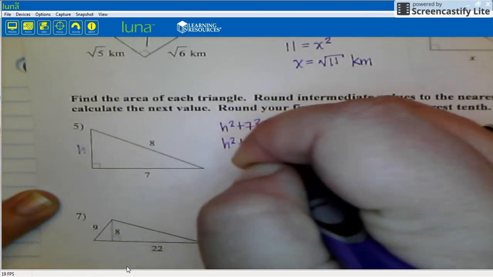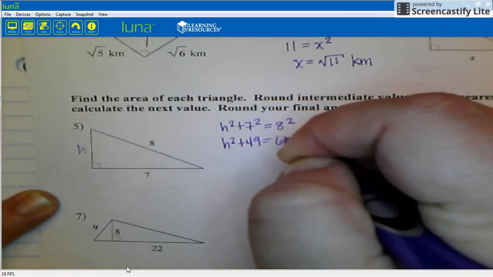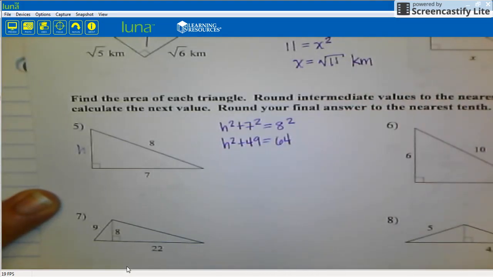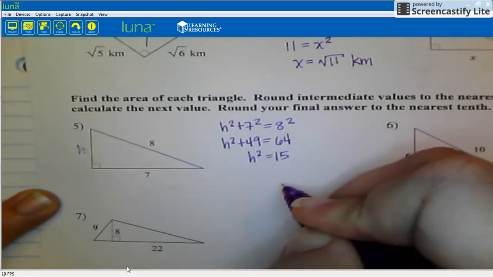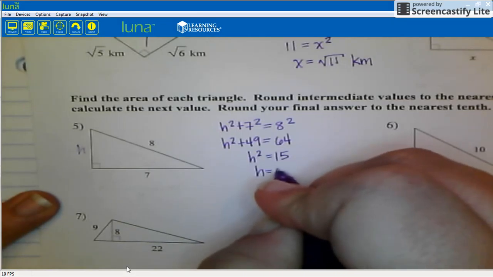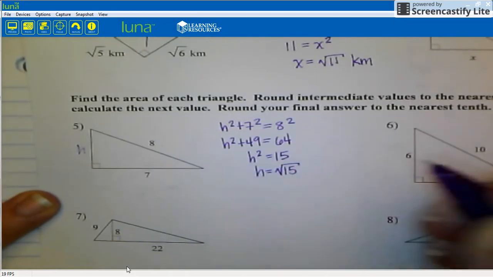So 8 squared plus 49 is equal to 64. And I have h squared is equal to 15, which means h is equal to the square root of 15.